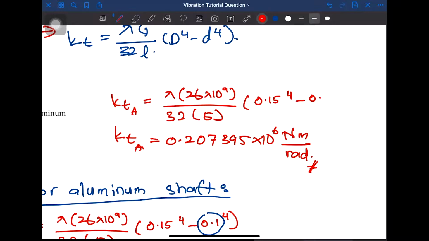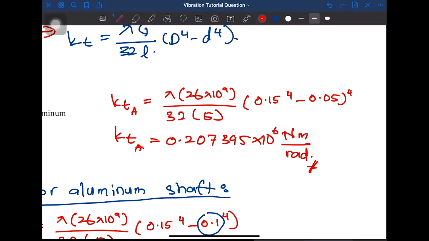Now that they've changed the inner diameter for the aluminium shaft from 10 cm or 0.1 into 5 cm, which is 0.05, I just use the same formula again, just changing the inner diameter from 0.1 meter to 0.05 meter. Everything else stays the same.